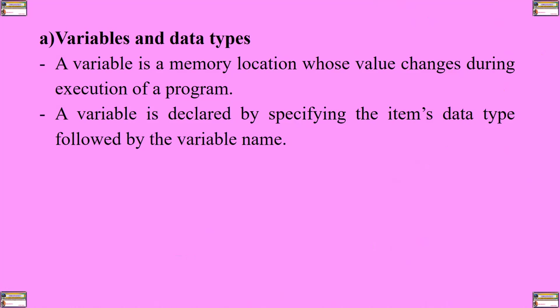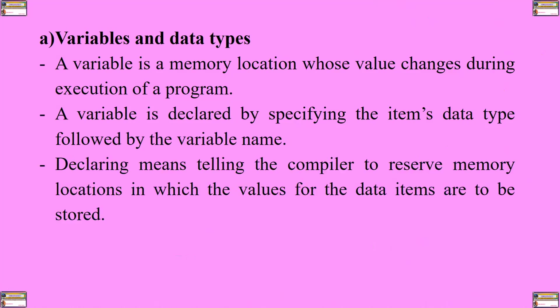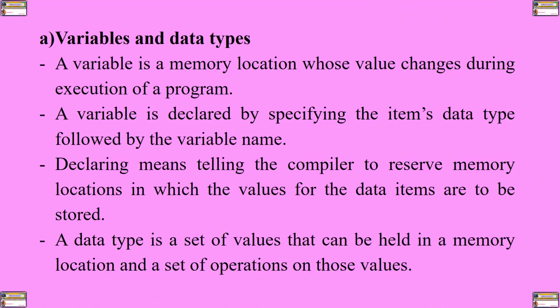So you inform it the name of the memory and the type of data that the memory will hold. So declaring, just as I've said, means telling the compiler to reserve memory locations in which the values for the data items are to be stored.